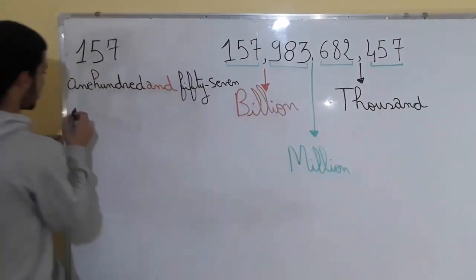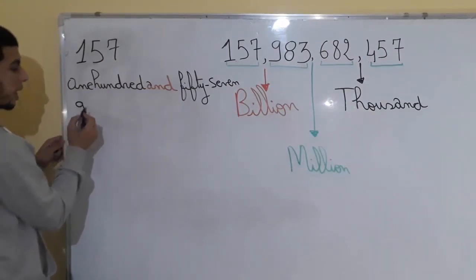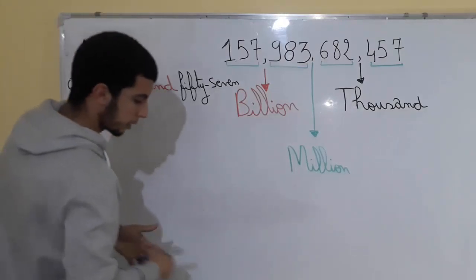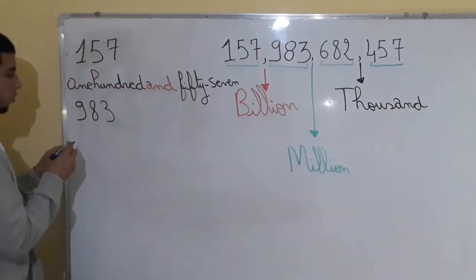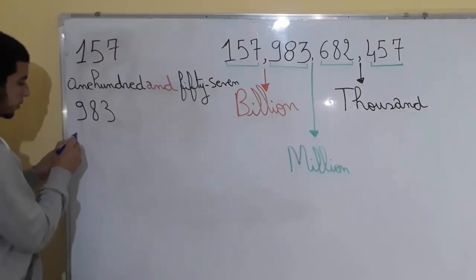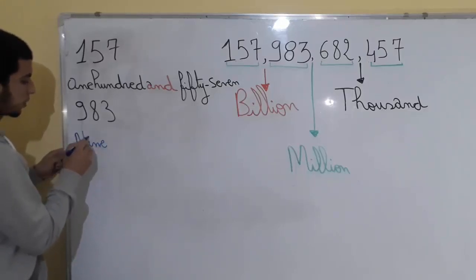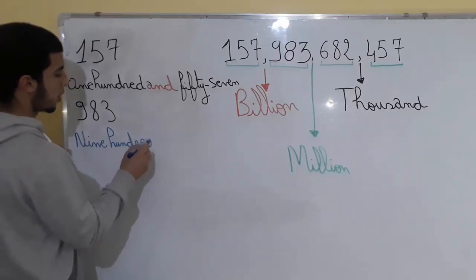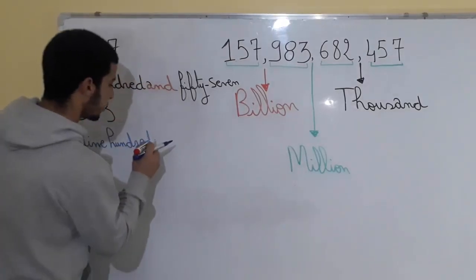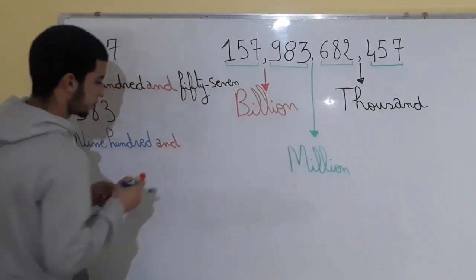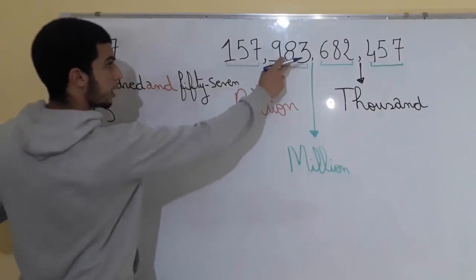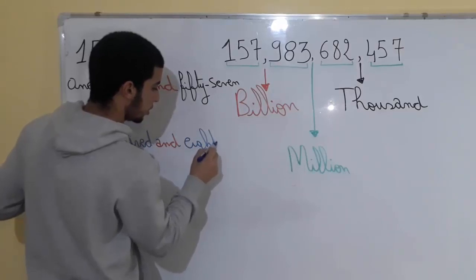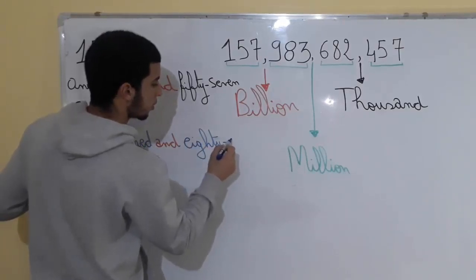So this is 983. 900. Again, we add and it's 83.